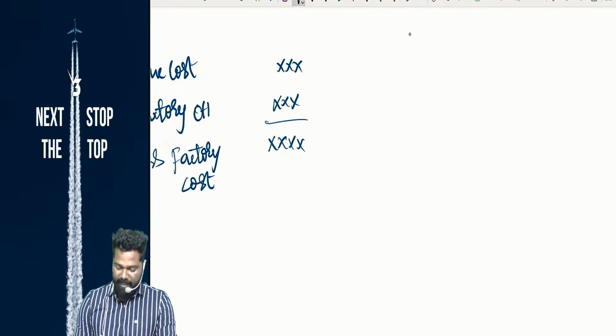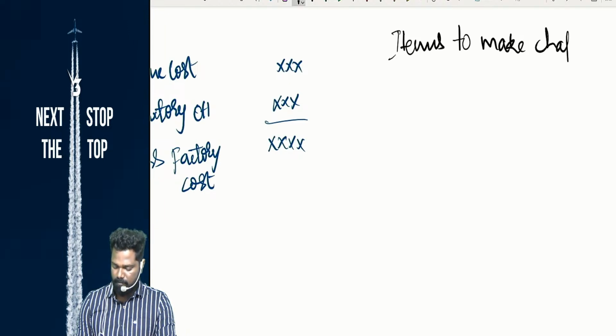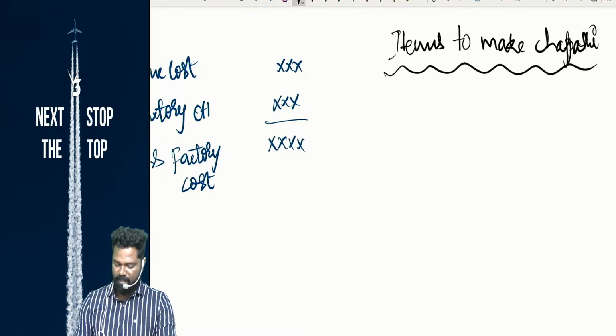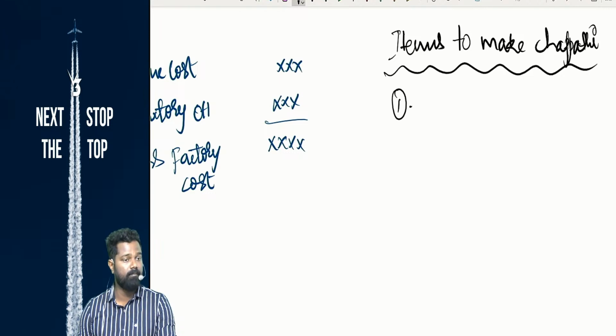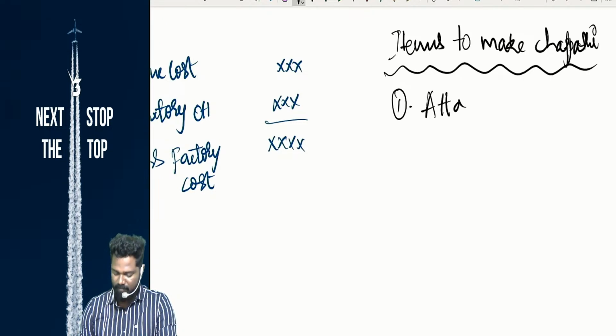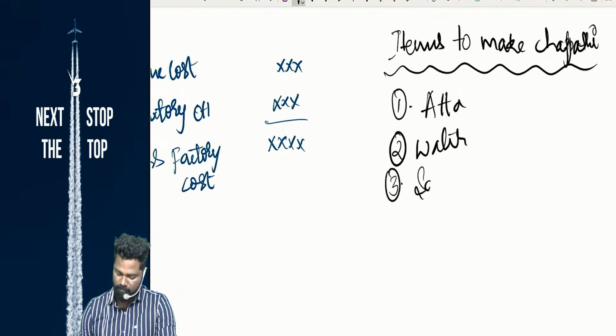First, items to make chapati. First item, atta. Don't laugh, it's costing only. Second one, water. Third, salt. Bowl.